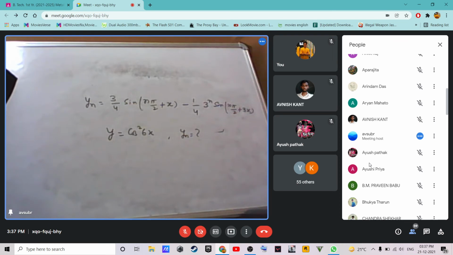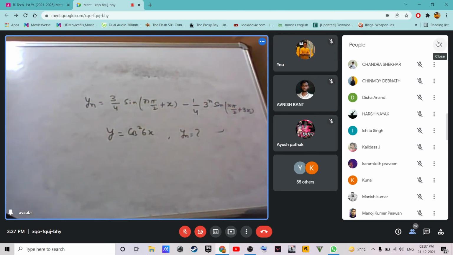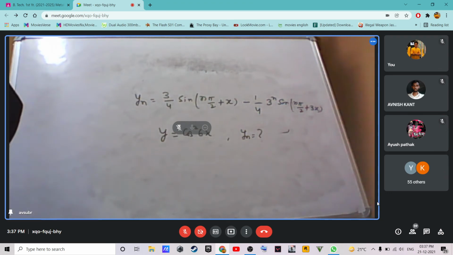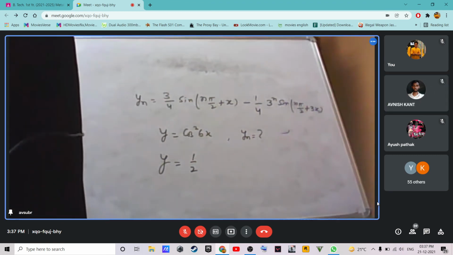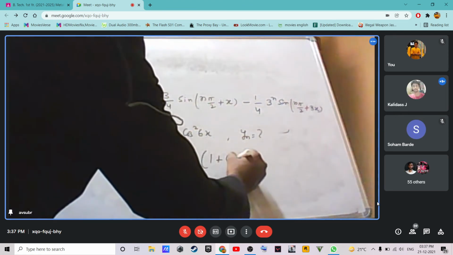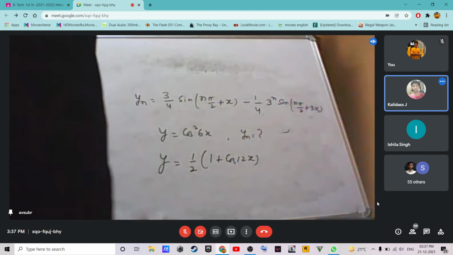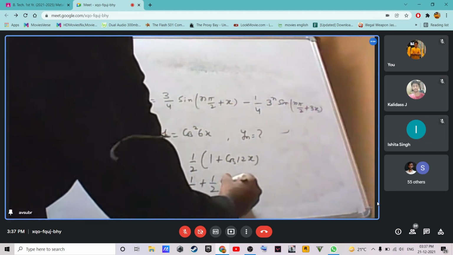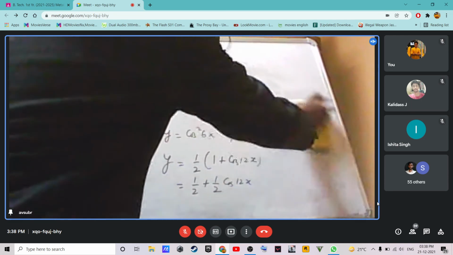How will we do this? Write it as (1 plus cos 12x) by 2, so we can write it as 1 by 2 plus 1 by 2 cos 12x. Can I write it like this?